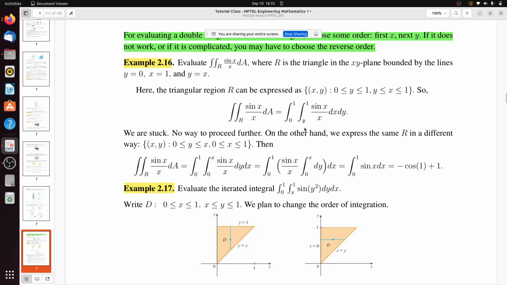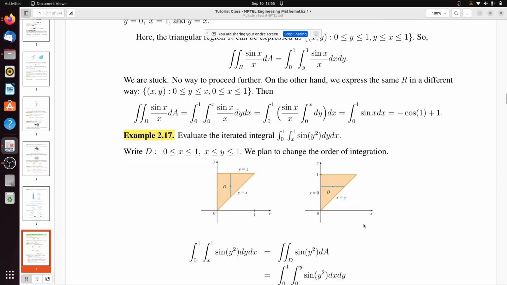But if you change the order of integration, taking x from 0 to 1 and y from 0 to x, then integrating first with respect to dy you get sin x by x times x, since the integral of dy from 0 to x is x. So you get sin x, and then you get 1 minus cos 1. Very easy.